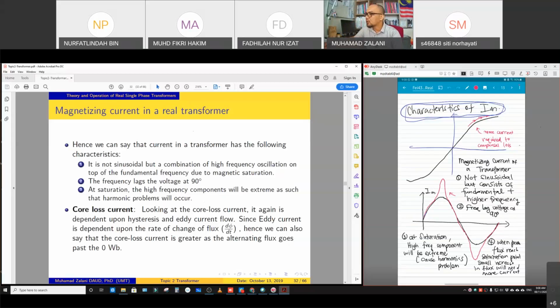And then number 4, when peak flux reaches saturation point, small increase flux will need more current. So when this flux increases to the saturation point somewhere here, more current will be required to compensate for the loss.